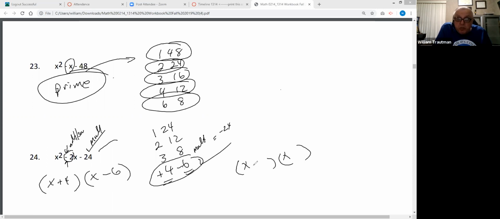You can put the -6 first and the +4 last, but the 4 has to be positive and the 6 has to be negative for it all to work out. Because 4 minus 6 is a -2 when you add them, and a -6 times 4 is a -24. Perfect. All right, let's try another one.